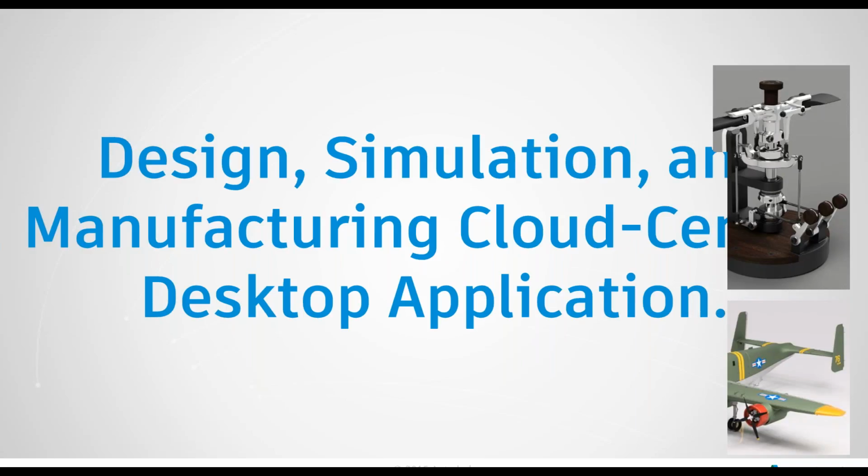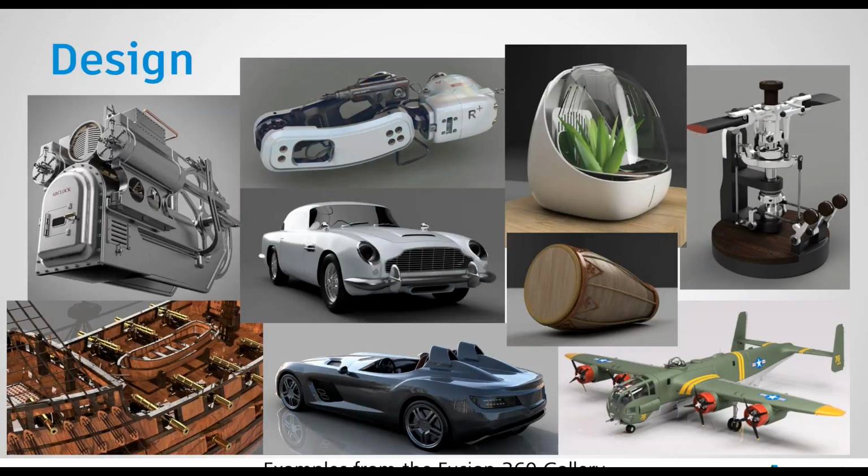So design. It's a modeling system, so I can use Fusion, and these are all parts models that I got. There's a gallery where customers can allow others to see what they've designed, and these are some of the models that Fusion customers have created and posted onto the gallery.